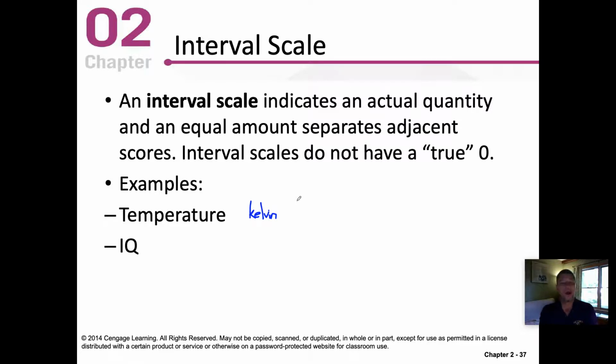The IQ score, your intelligence quotient, is an interval scale as well. There's no true 0. Nobody's got an IQ less than a certain amount. Honestly, IQ tests are probably meaningless, to be honest. But they don't start at 0, and so an interval scale doesn't have a true 0.